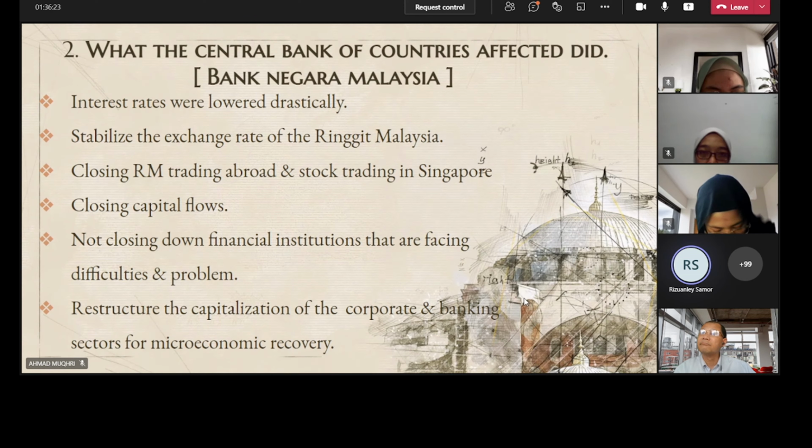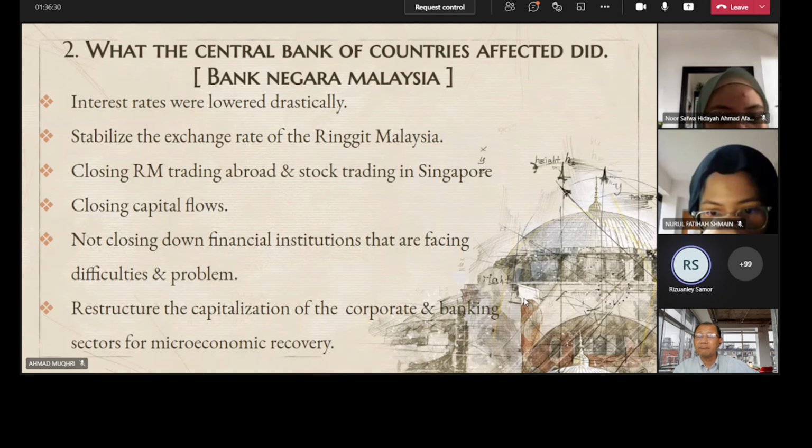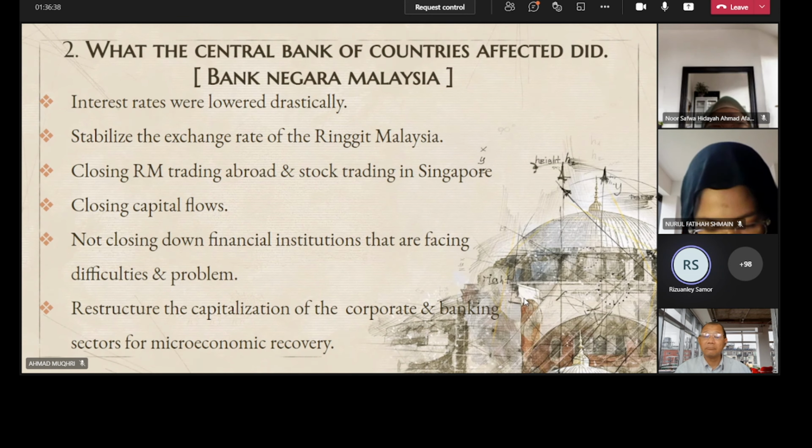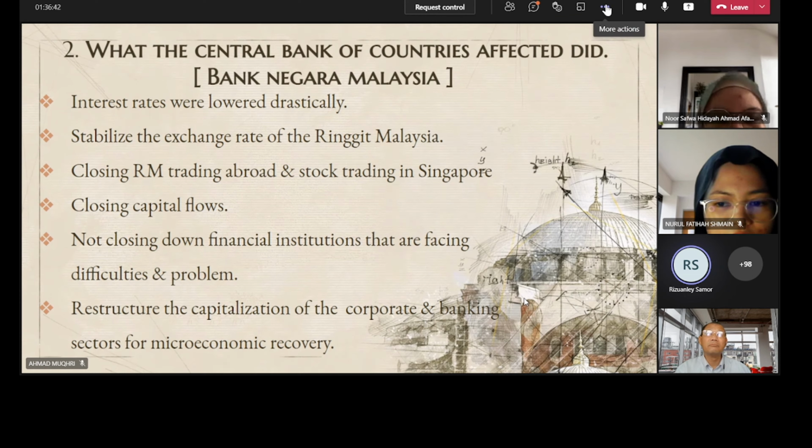Second, to stabilize the exchange rate of the ringgit Malaysia. During this crisis, the ringgit Malaysia was pegged at 3 ringgit 80 cents for each dollar. In this way, the fluctuation of the value and speculation of the ringgit Malaysia can be stopped immediately.